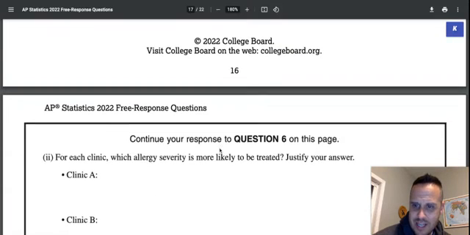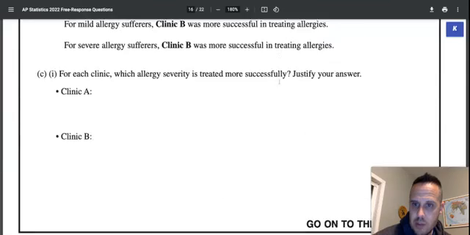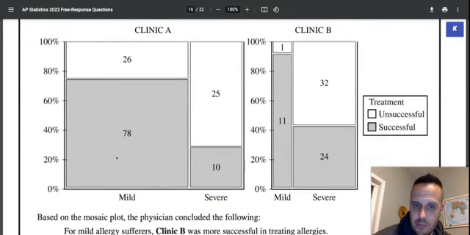But then it's got to ask me about what's called Simpson's paradox. Which allergy is more likely to be treated? Okay, so at Clinic A, if you look at this width, we're far more likely to be dealing with this. So this would be that sum out of the total. And here we're only looking at 12 out of the total, okay? So why does Clinic B do both better?